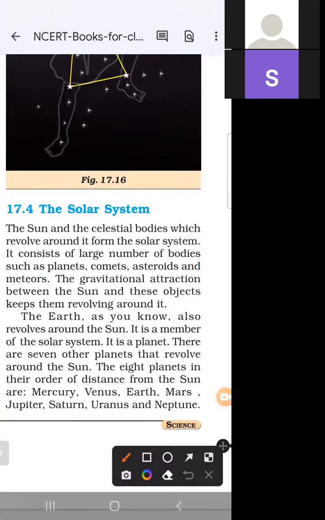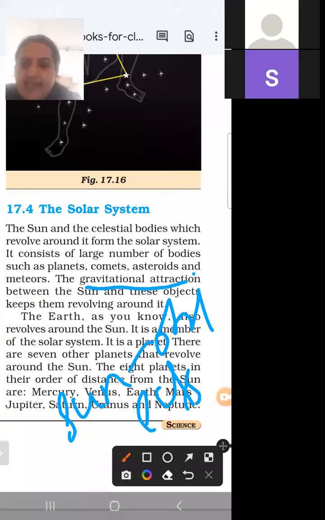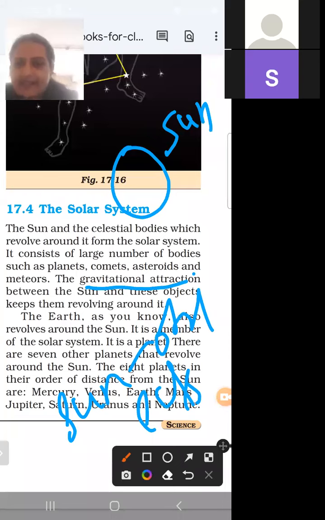Which force acts between the sun and these objects? It is the gravitational attraction. Suppose this is the sun and this is a comet.